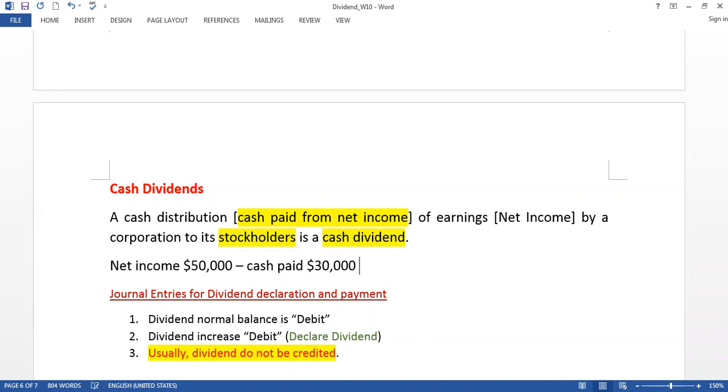And this $30,000 is called the dividend. Do you understand? Net income $50,000, and from this net income, cash paid $30,000, and it is called dividend. What is the remaining amount? $20,000. What is the name of this $20,000? Can you remember? Yes, very good. The name of this $20,000 is called retained earnings.